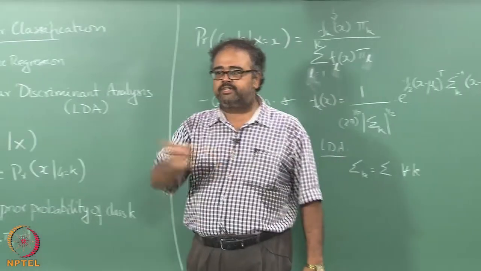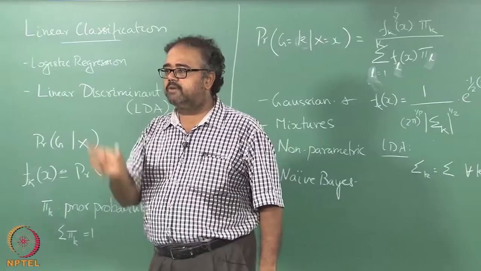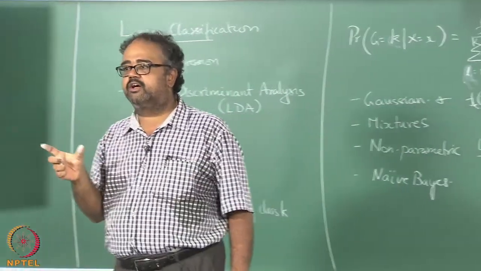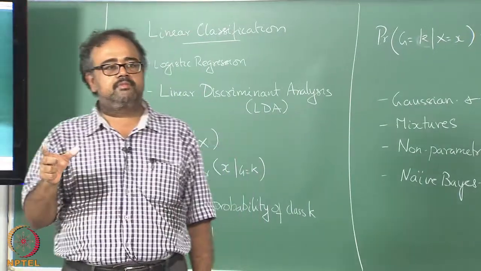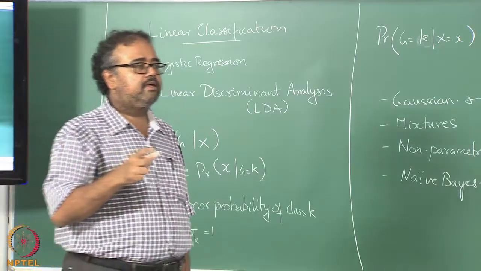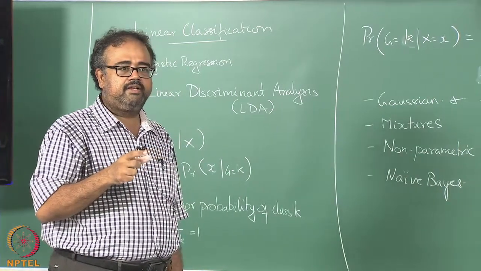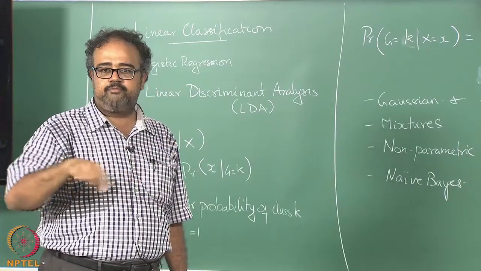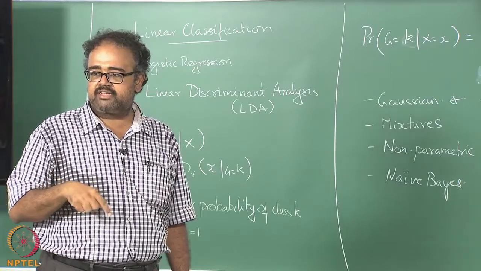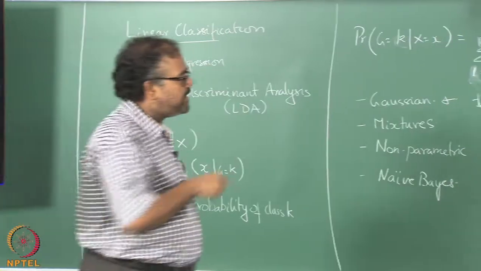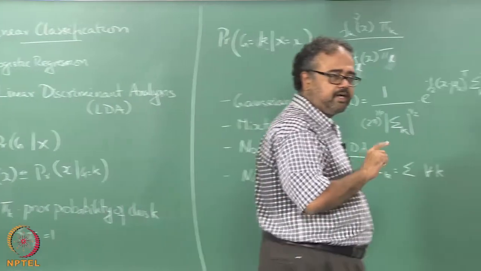All I can do is shift the Gaussian around, but I can't change the shape of the Gaussian. Is it clear? When I say sigma k is the same for all the classes, it essentially means that I can just shift the Gaussian around, I can't change it.